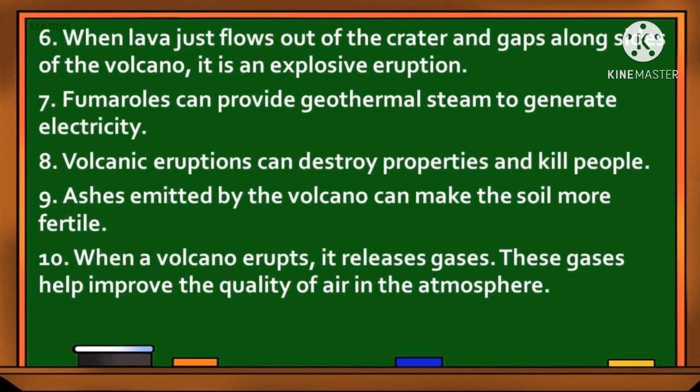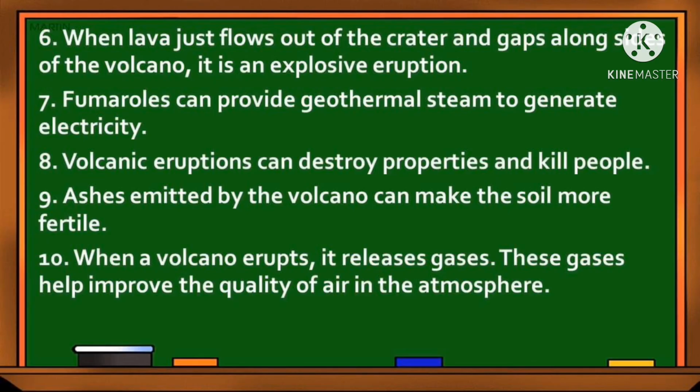Number 6. When lava just flows out of the crater and drops along the sides of the volcano, it is an explosive eruption. Is it a fact or a bluff? 7. Fumaroles can provide geothermal steam to generate electricity. Is it a fact or a bluff? Number 8. Volcanic eruptions can destroy properties and kill people.